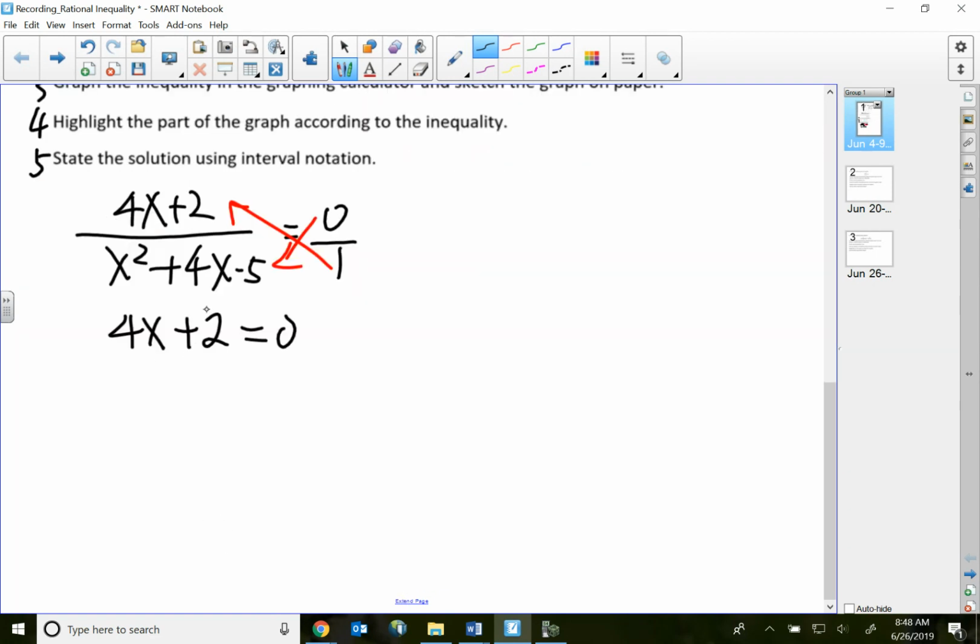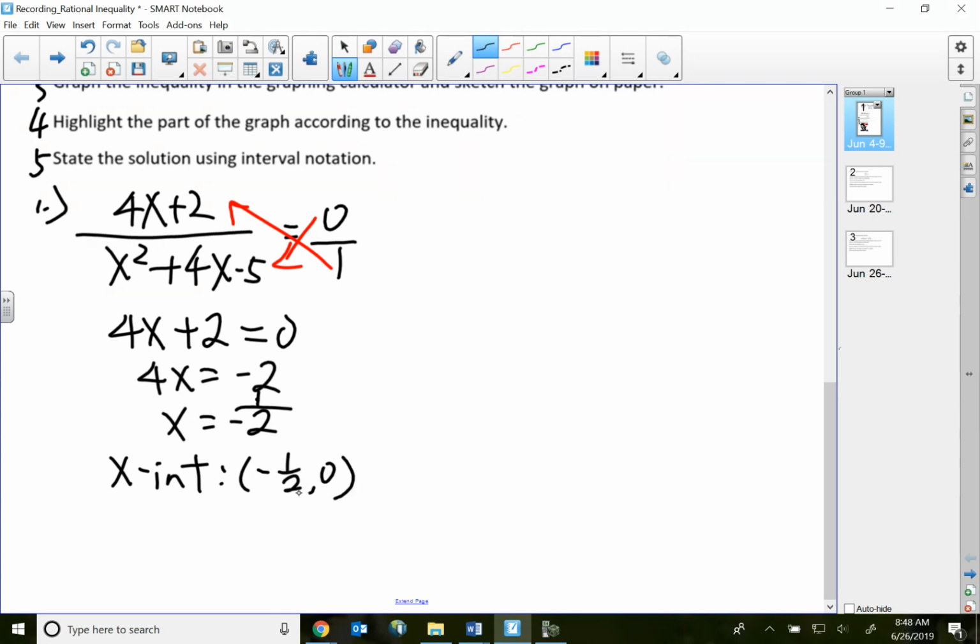To get x by itself, move the positive 2 over and divide both sides by 4. So my x is equal to -2... not -2, -0.5. So my x-intercept is going to be at (-0.5, 0).